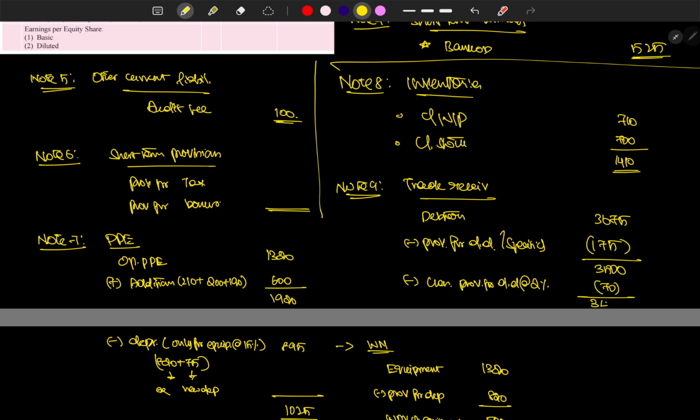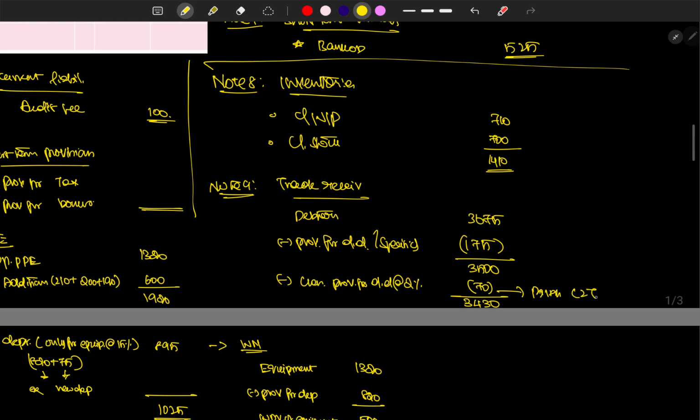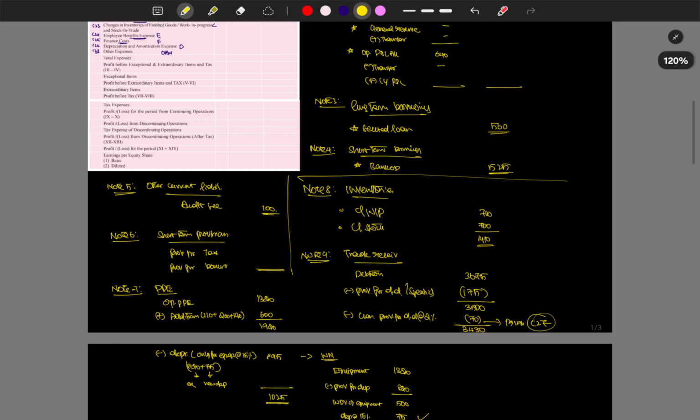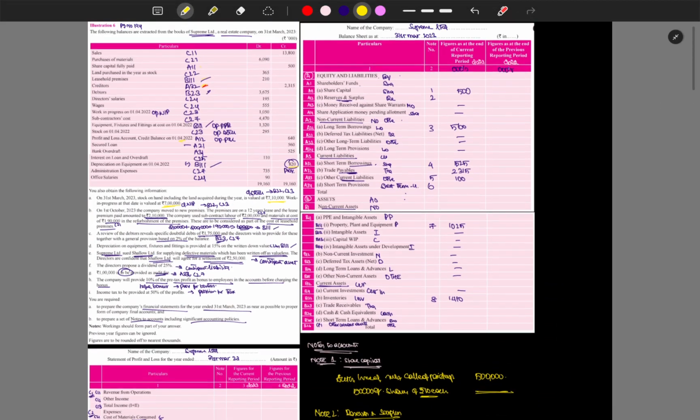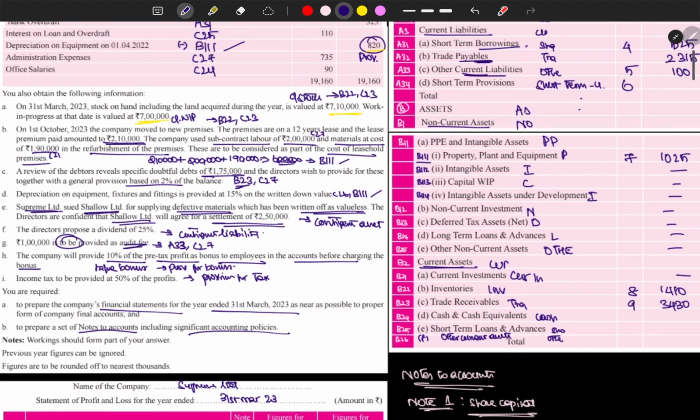So 3,430. This has to go to the P&L account as other expense, which is note 27. Okay, that's 3430. Then cash and cash equivalents, how many items?